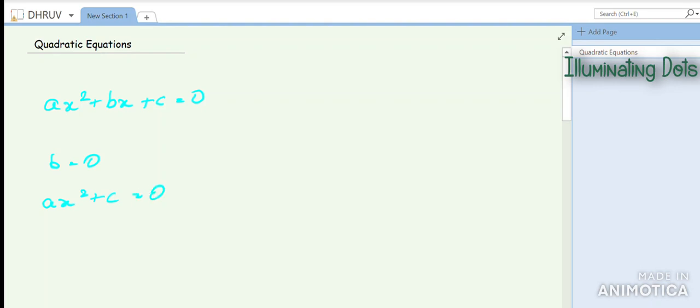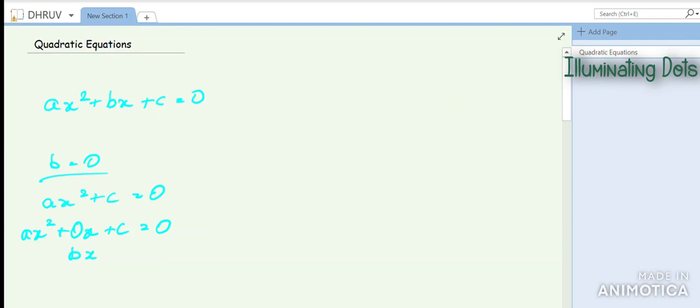Now, for solving methods and for the time when you have to solve the equations, you have to have the b, that is the coefficient of x along with it, because it's very important for that time. So for that, what we will write is ax square plus 0x, that is bx or 0x, whatever you say, is equals to 0. So since we knew b is equals to 0, I can write this.